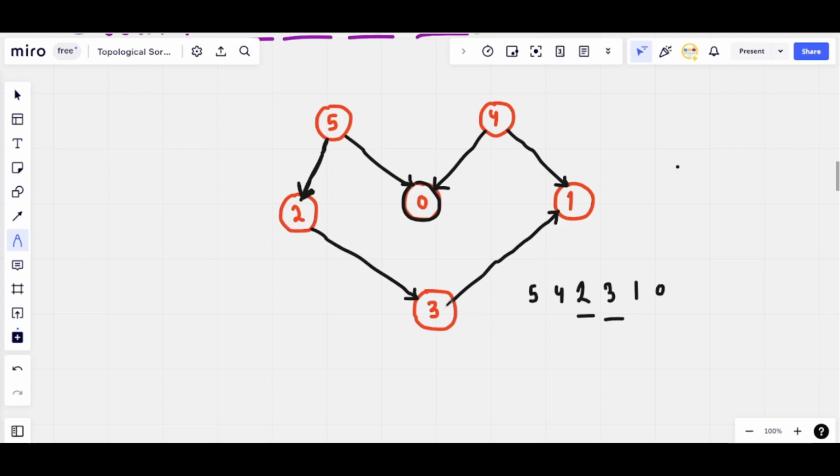Then from node number 3 we move to node number 1, so 1 must exist after node number 3, 2 and 5, so we put 1 right here. And there is no out degree for node number 1. We can't move to any other node from node number 1. So we pick another node which has in degree 0, that is node number 4. From node number 4 we can move to node number 0. So we put node number 0 here.